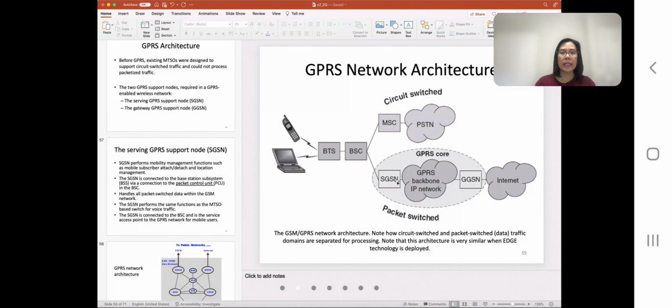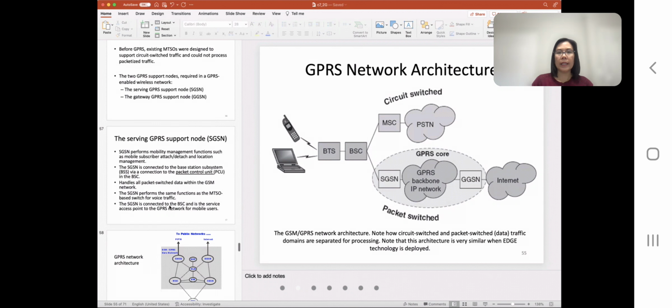So the SGSN is for data. The SGSN is connected to one base station controller, or several base station controllers. And this is the service access point to the GPRS network for mobile users. Basically, this is the access point from the user to this packet switch network.